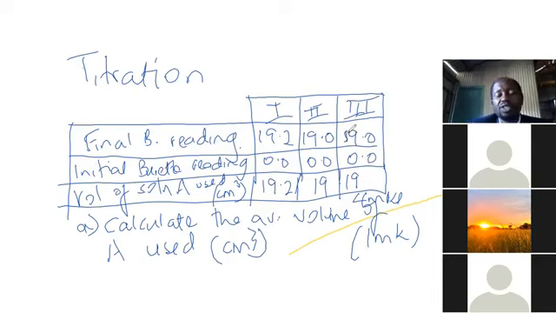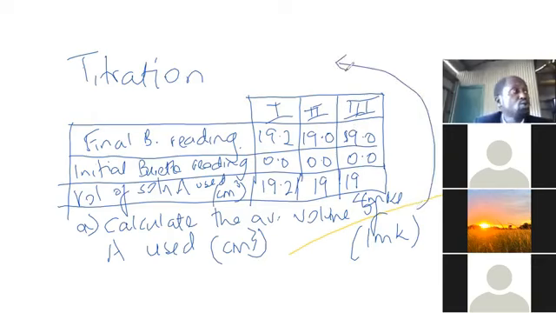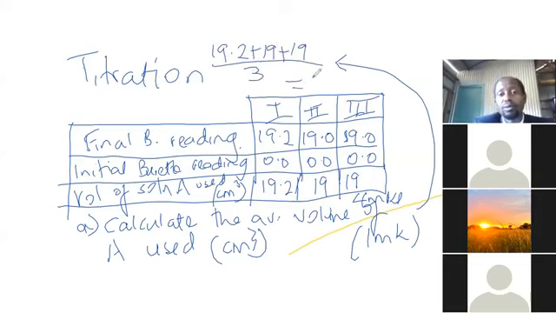And because there is an average being asked, the candidate goes ahead to do the average, assuming it is you or me. We perform the average: 19.16 cubic centimeters.